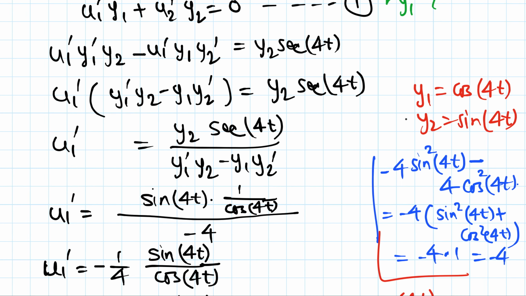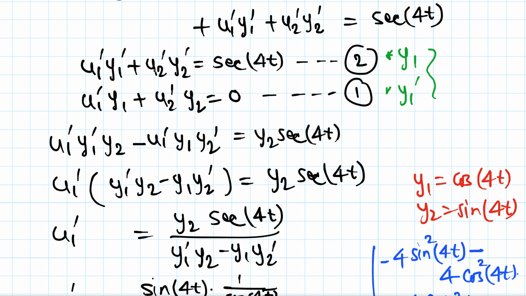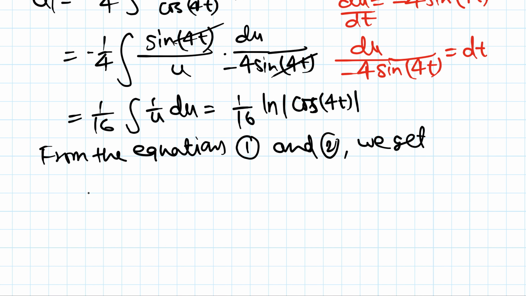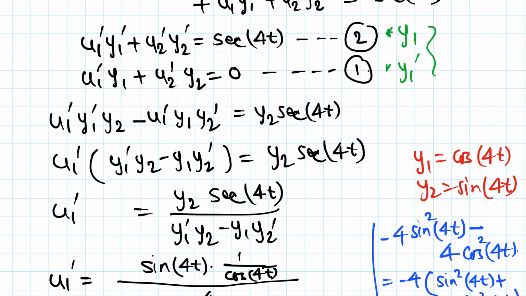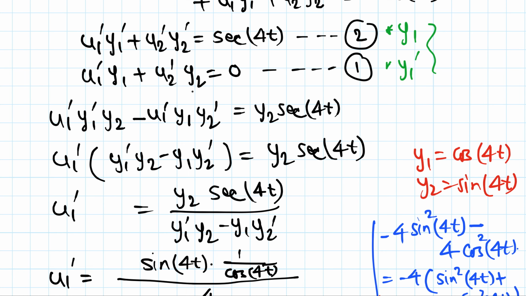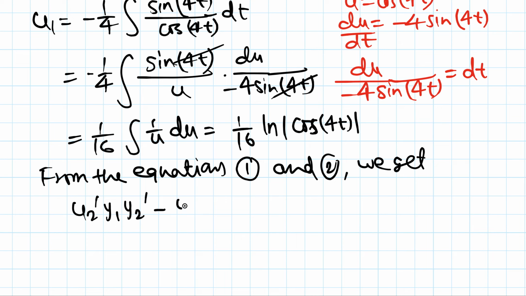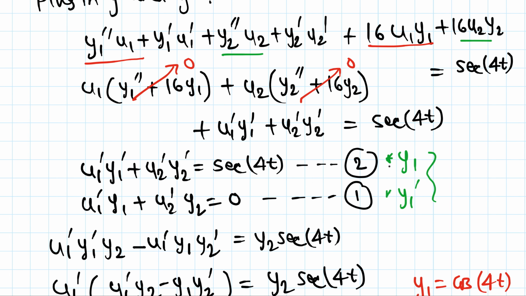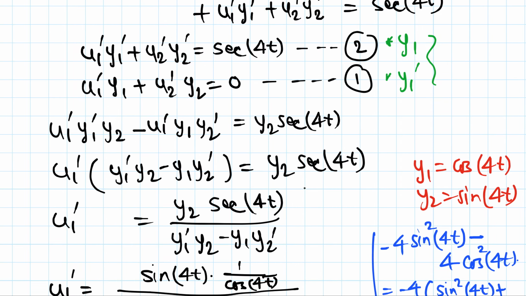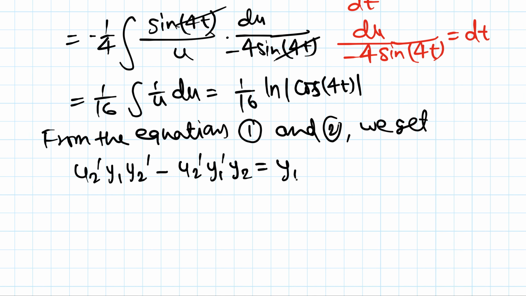After multiplying by this, we get u2 prime y1 y2 prime minus, the first terms cancel here, u2 prime y1 prime y2 equals, the right hand side is y1 secant 40, minus the bottom is 0.